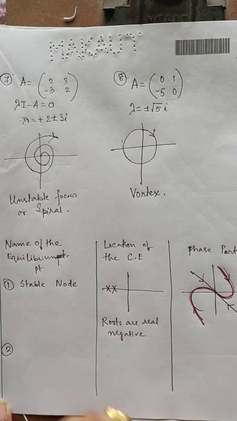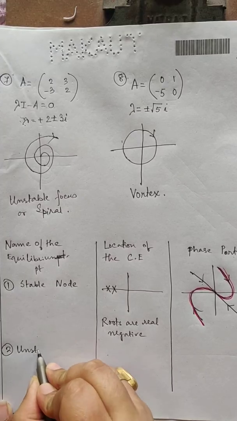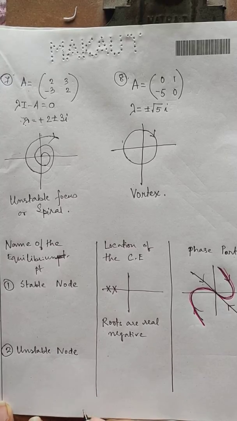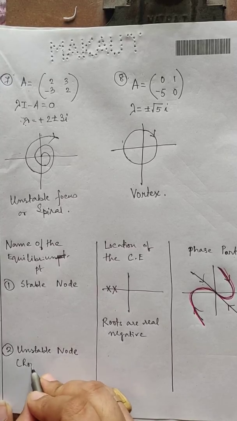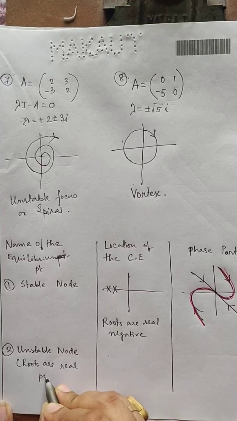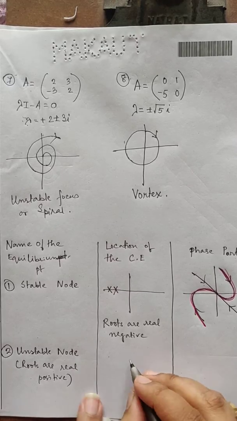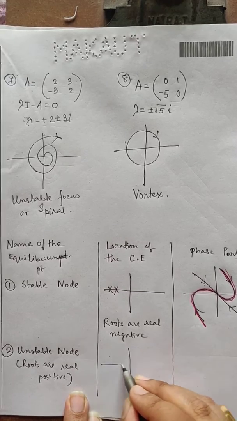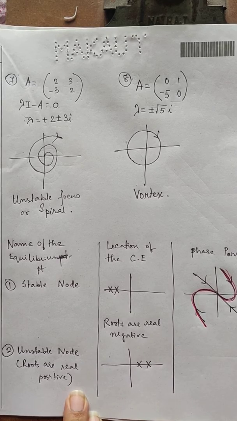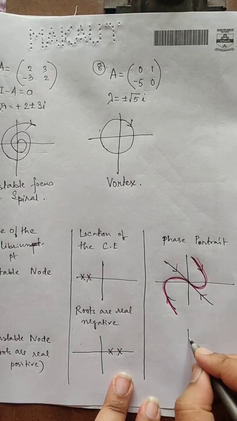Number 2, which is unstable node. Unstable node is where roots are real positive. So the location of the characteristic equation will be like this, and my phase portrait would look like this.